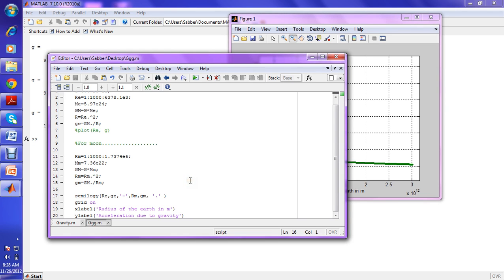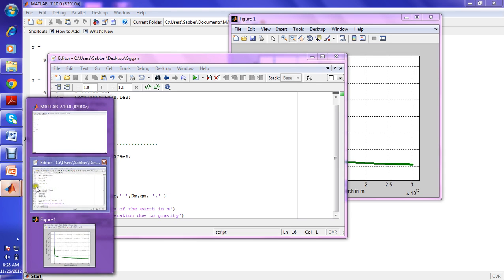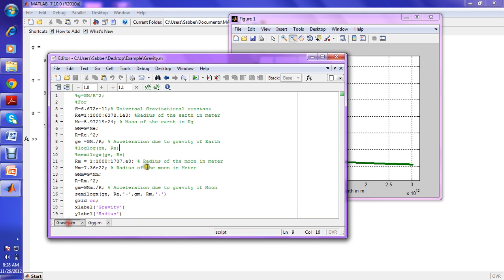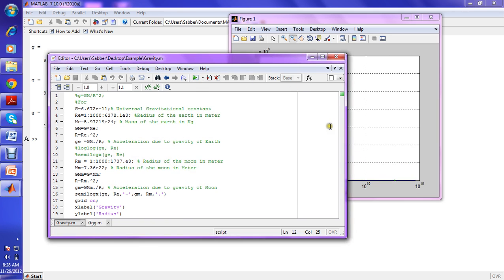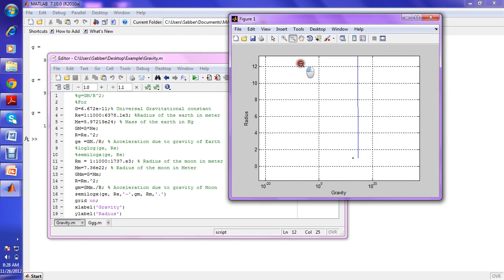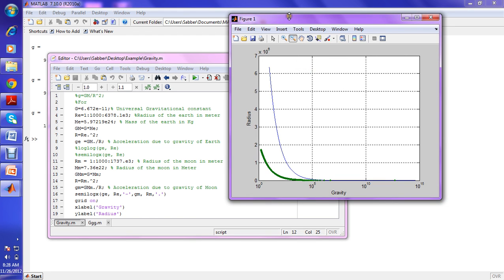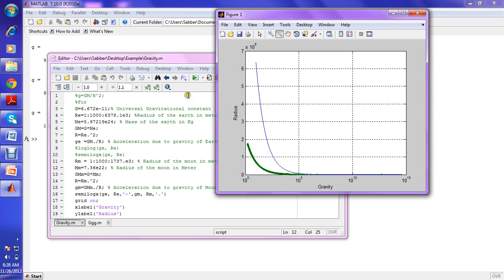I think I didn't make any mistake. Yeah, I had another function gravity here. Let's see. Yeah, this is the original function. This is the GE equal to RE, GM, RM. So this is the acceleration due to gravity in case of the Earth.